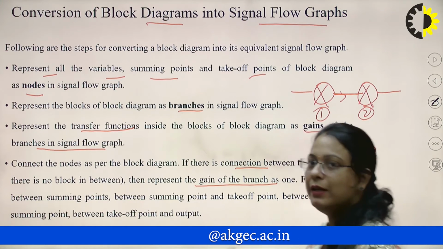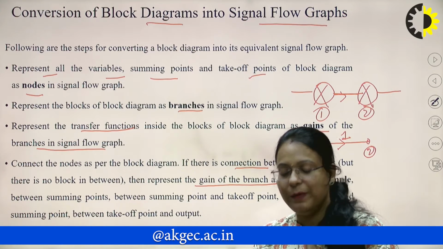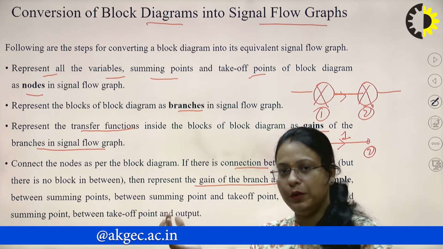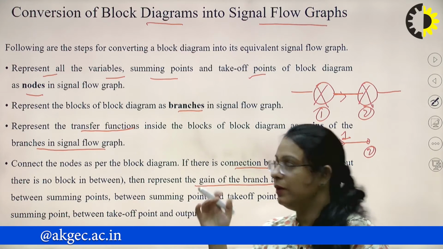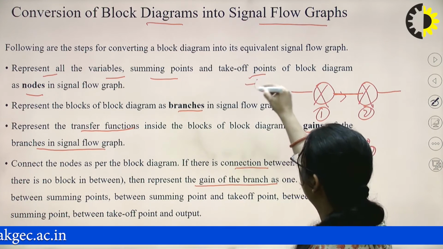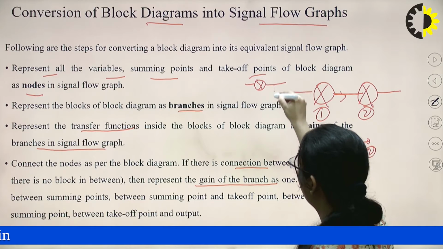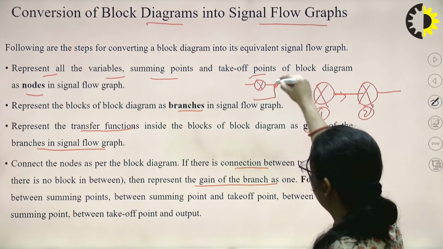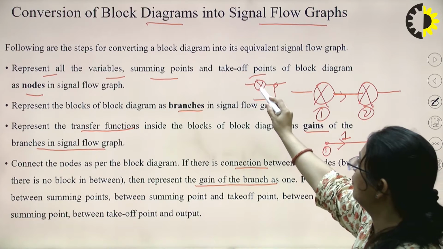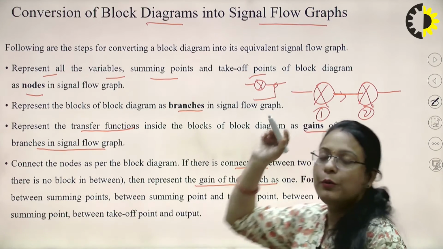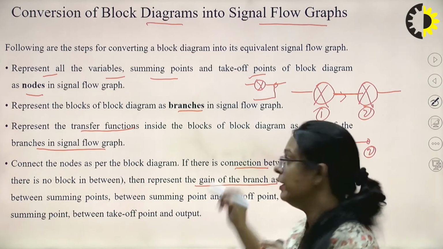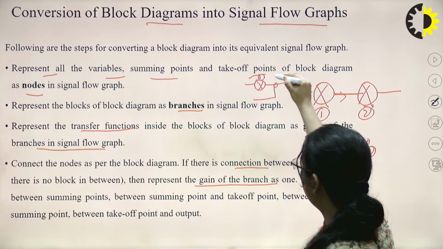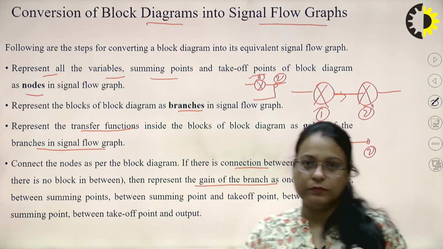Similarly, the same is the case when there is a summing point along with a takeoff point. When a takeoff point comes just after a summing point, we have to represent these two with two different nodes. One is for this summing point and another node is for this takeoff point.